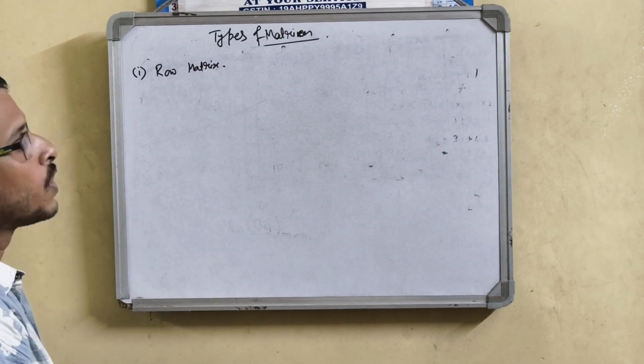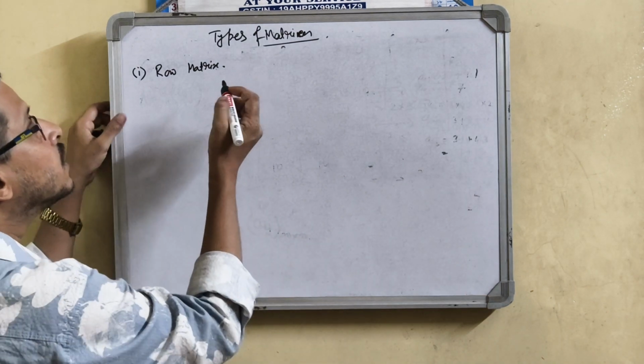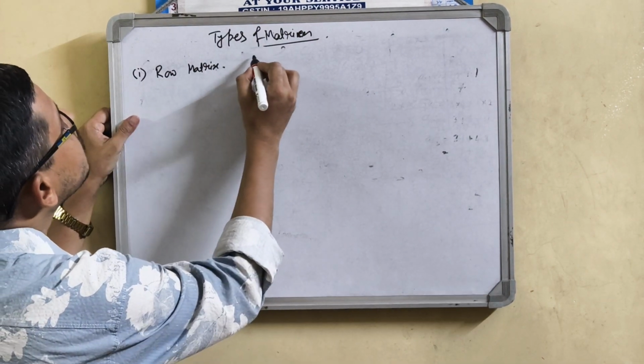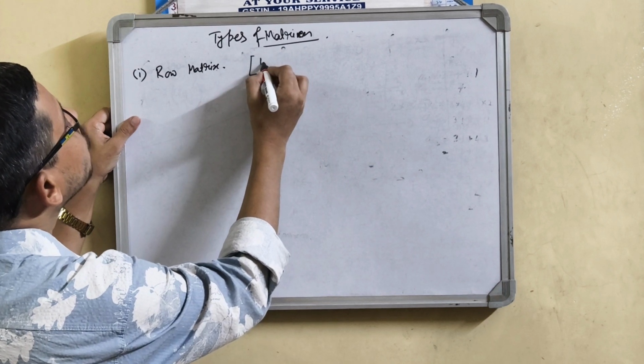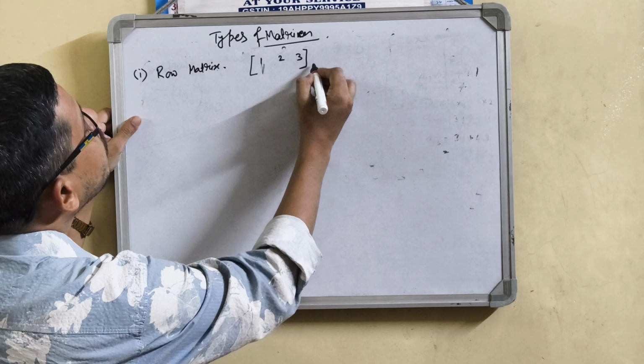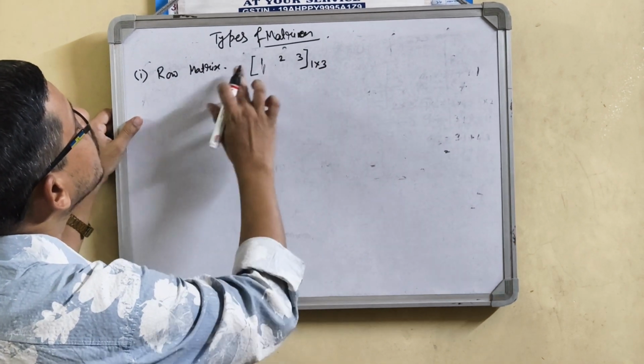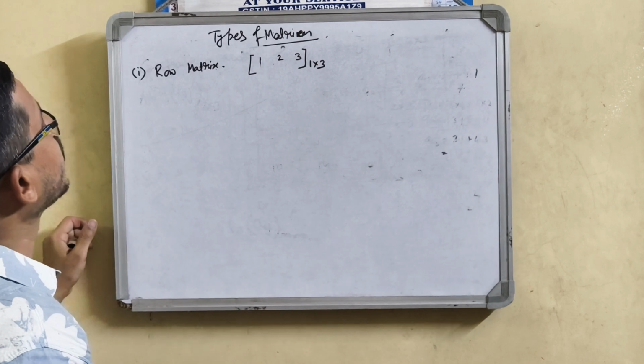What is a row matrix? A row matrix is a matrix that contains just one row. So the given matrix, say 1, 2, 3, has the number of rows equal to 1 and the number of columns equal to 3. This is a row matrix.